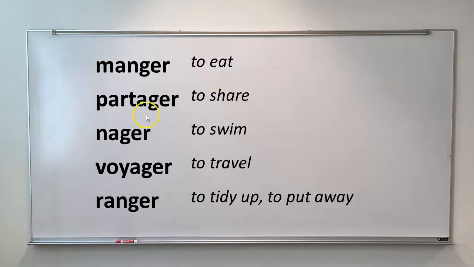To share, partager. To swim, very important verb, nager. Of course, this is the verb we just did, voyager. Another important verb, the verb ranger, to tidy up or to put away. For example, if you need to tidy up your house, put things away, we use the verb ranger to express that idea.